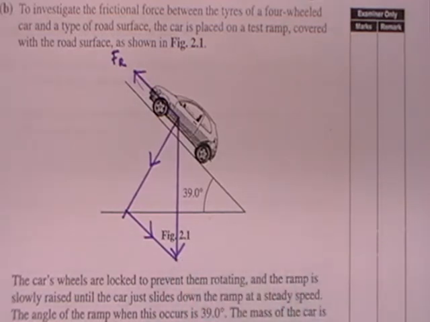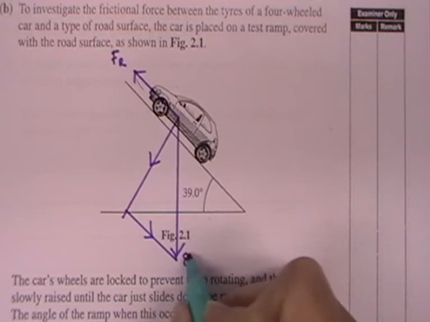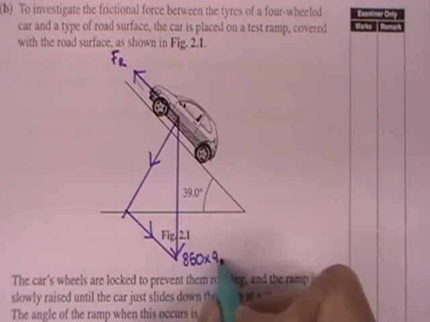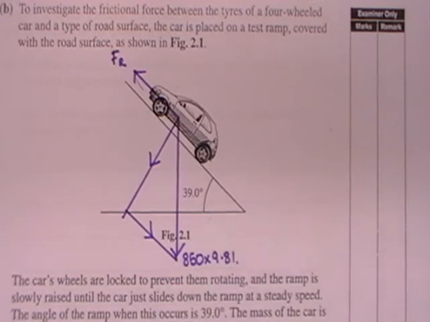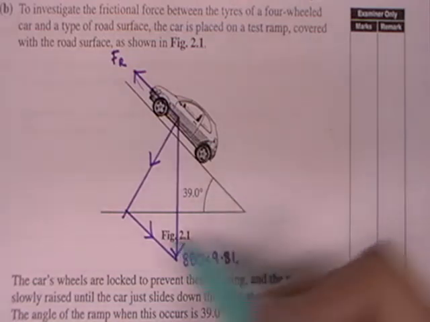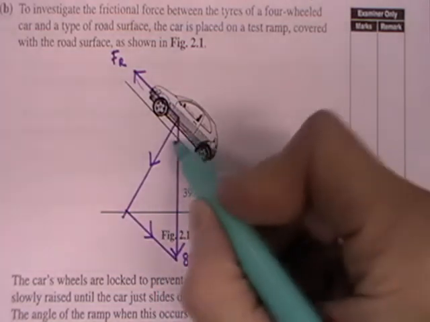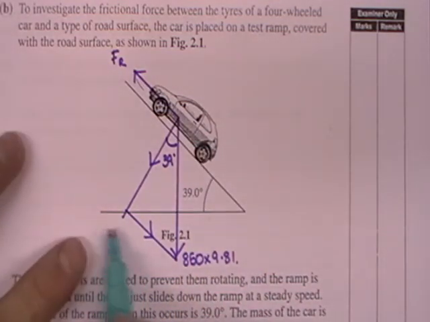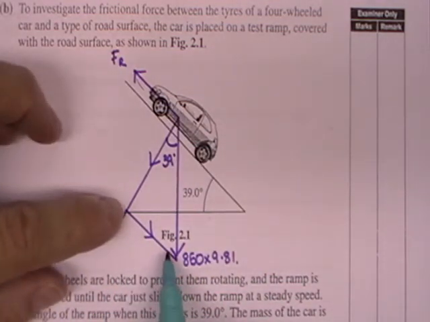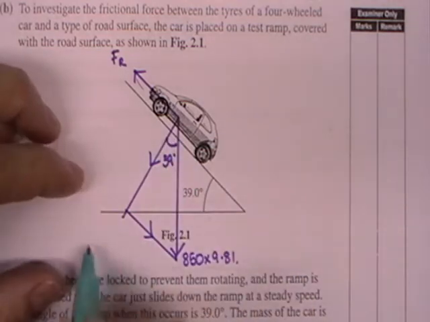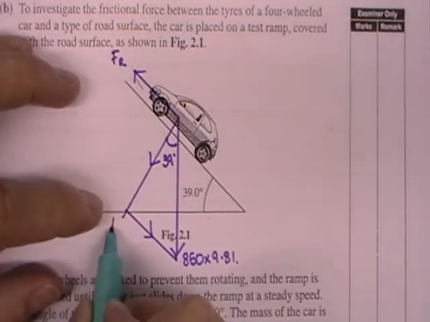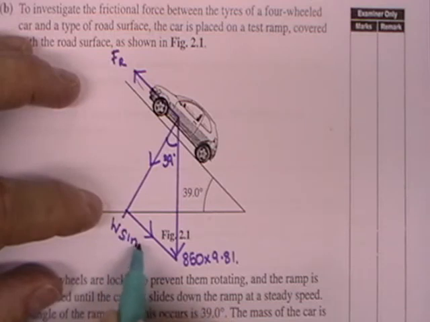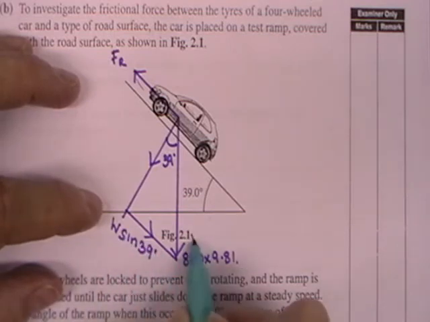Well, the weight is the mass times acceleration due to gravity, so 850 times 9.81 is the weight, but we have to find its component in this direction, so this is also 39 degrees. And then this is our weight times the sine, because it's opposite the angle. So I'll write W sine of 39 degrees, and this is W here.